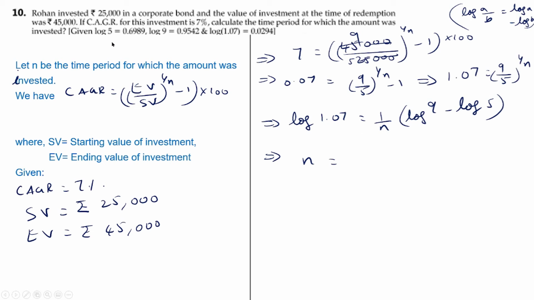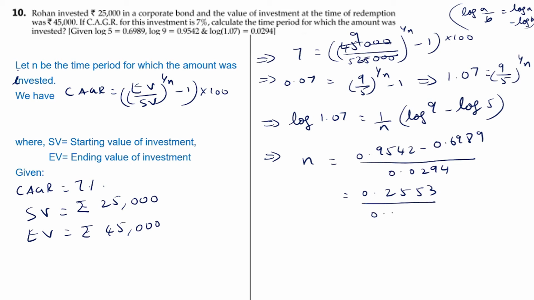So let us substitute all these values. Log 9 is 0.9542 minus log 5 is 0.6989 upon log 1.07 is 0.0294. Or this is equal to 0.2553 upon 0.0294.